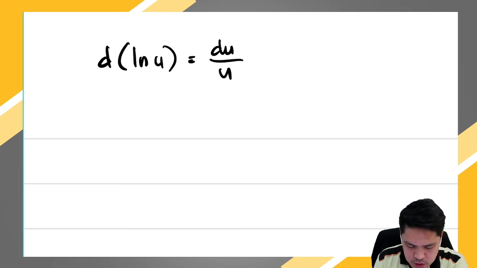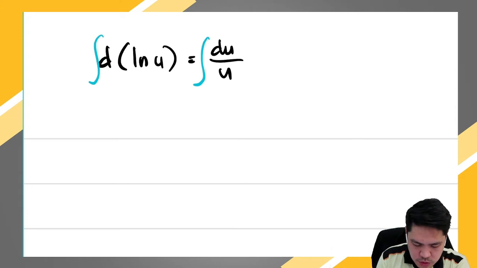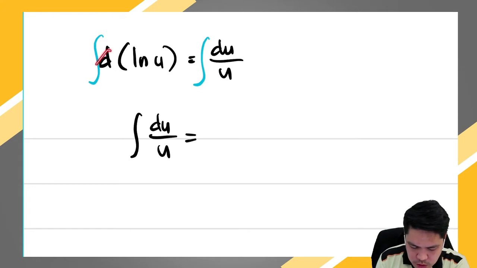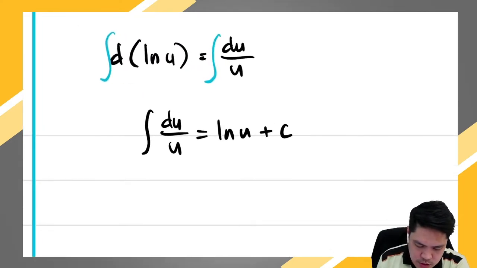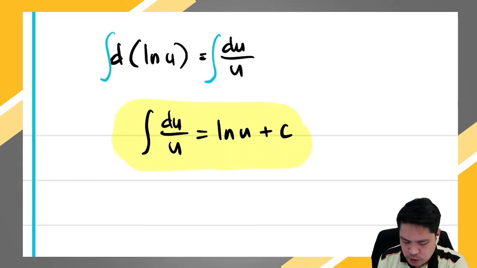So if we apply antiderivative or integration on both sides, we could say that the integral of du over u is equal to ln u. Then we just add an arbitrary constant c. So this is our second formula.